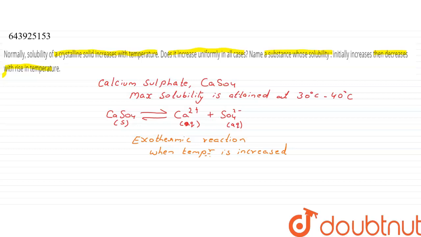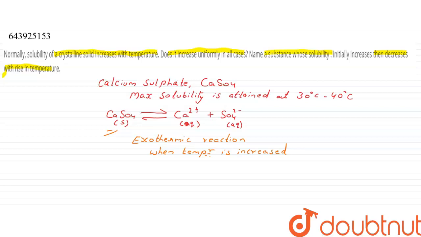So according to Le-Chatelier's principle, the system shifts towards the reactant side, because there is a stress on the product side.